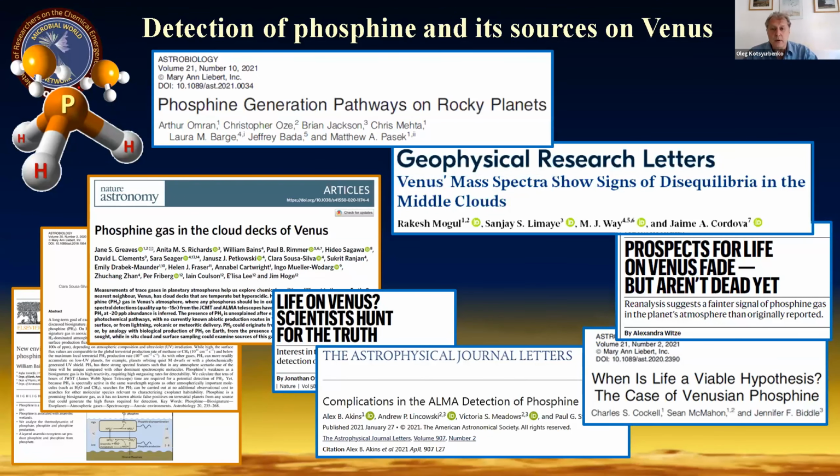So you see here a lot of articles where some scientists state the presence of phosphine in the atmosphere. Others try to say that the calculations were wrong. So it's unclear till now, but this is, of course, an interesting story, because phosphine is considered to be a biomarker.